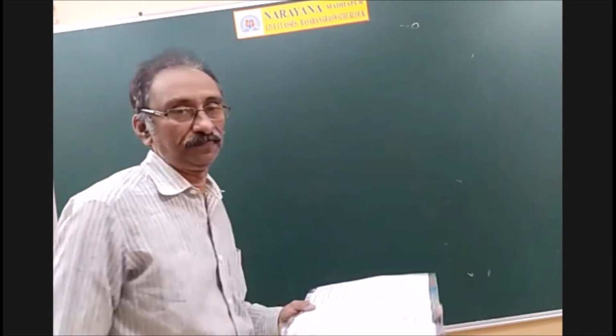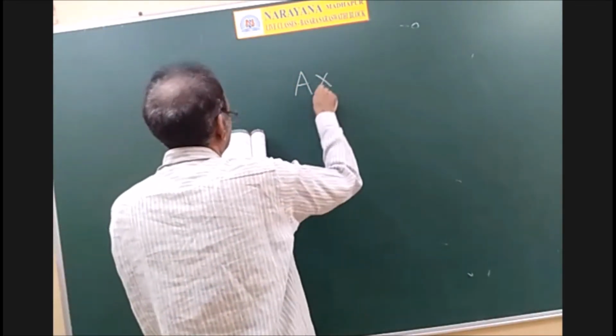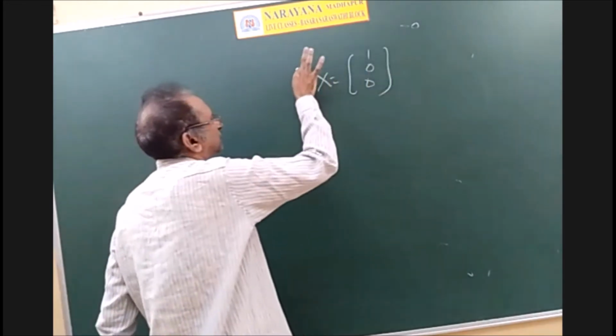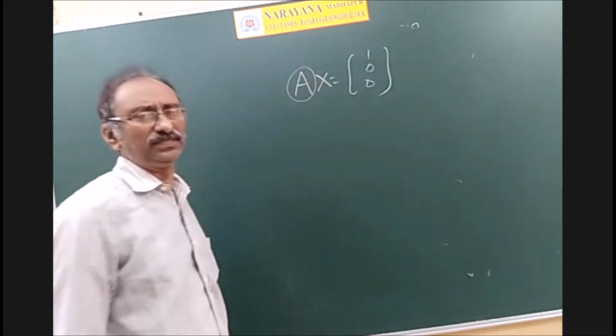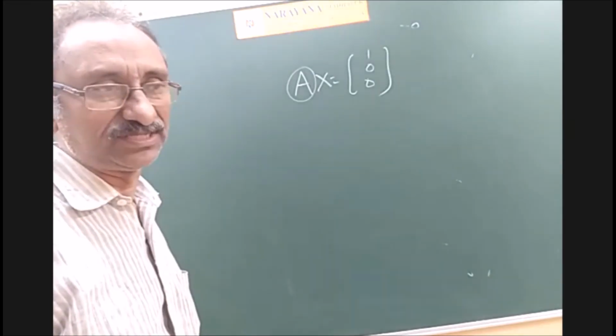Fourteenth question. The number of 3 by 3 matrices A, whose entries are either 0 or 1, for which the system has exactly two solutions. See, AX is equal to 1, 0, 0. Whatever may be that 3 by 3 matrix, this is a non-homogeneous system of equations.